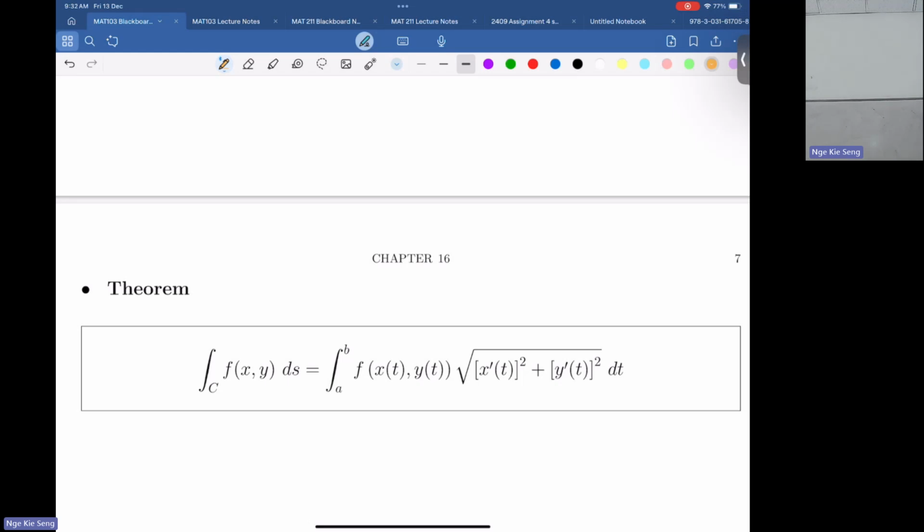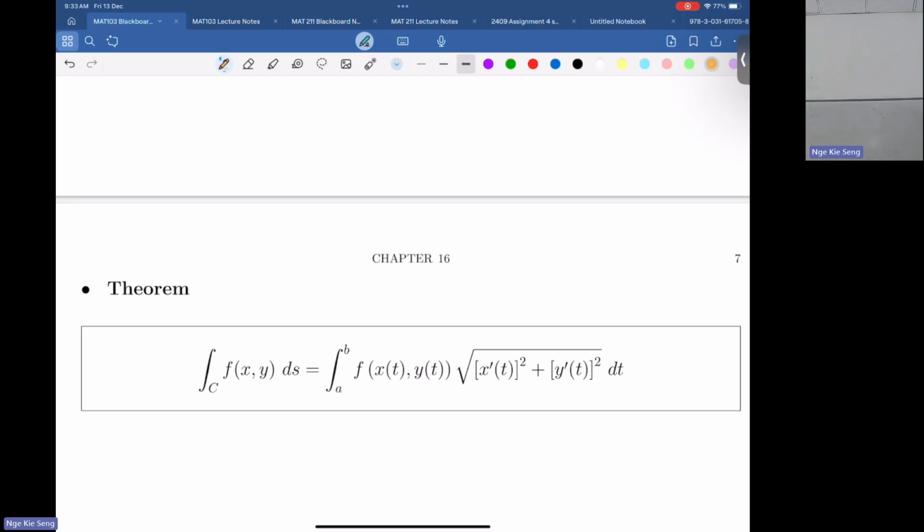The difference is this C, which is curved in space, so you need to make it straight. The right hand side is what you did in calculus 1, and the left hand side is what you learn now. You try to make it into one that you can compute.